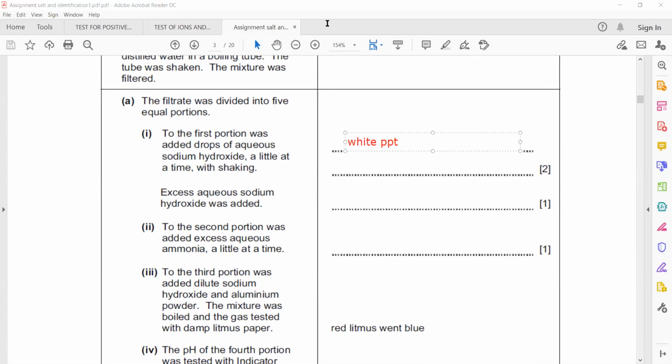Why are there 2 marks for this? 1 mark is for mentioning white and 1 mark is for mentioning PPT or precipitate. Or you can mention a white solid forms, but you don't have to write the formula here. You just have to mention the white solid form. Excess of sodium hydroxide is added. This is a calcium compound. There's a calcium ion there, and we add excess of sodium hydroxide.